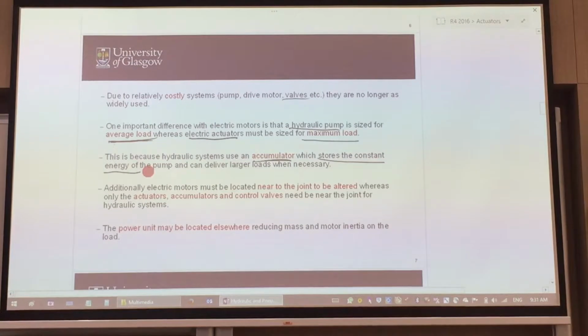And when there is an increase in the pressure in that hydraulic line, meaning if there's load, then you can also do that compensation. So later on, you get to see how this accumulator actually looks like. It's just to store that excessive amount of energy in that power system.